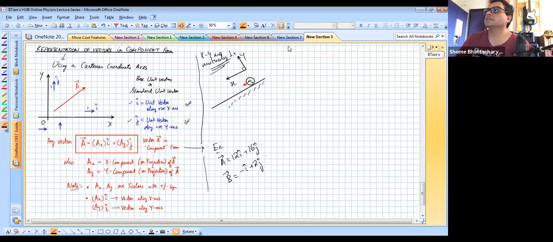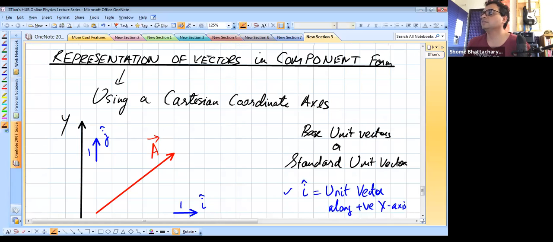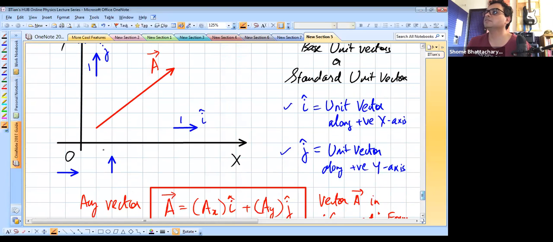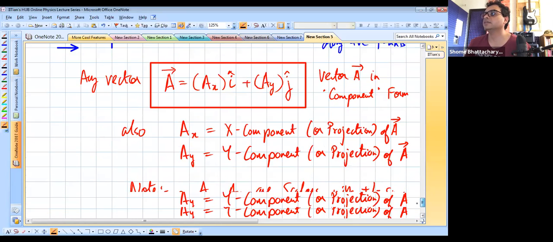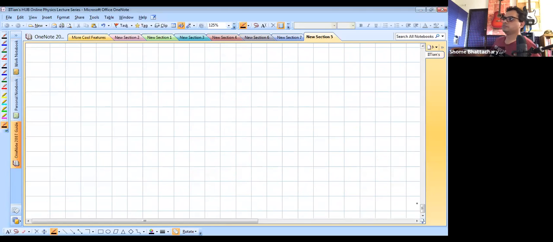Right. So next up, let us understand what exactly are Ax and Ay in the diagram. So if we come back to this being the vector arrow and this being the equation of the vector in component form, what is the relationship between these two? Let's understand that.